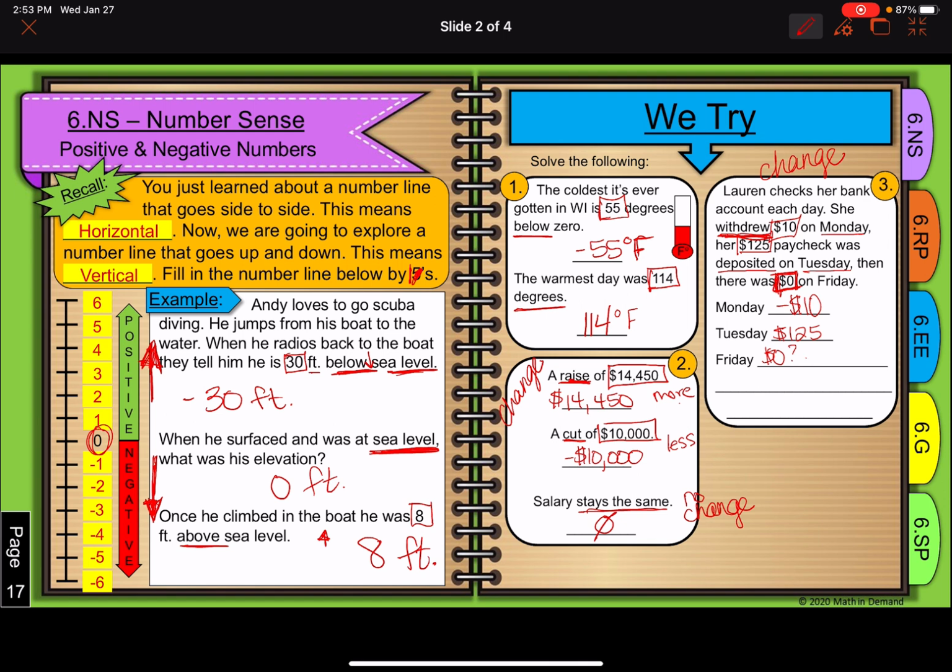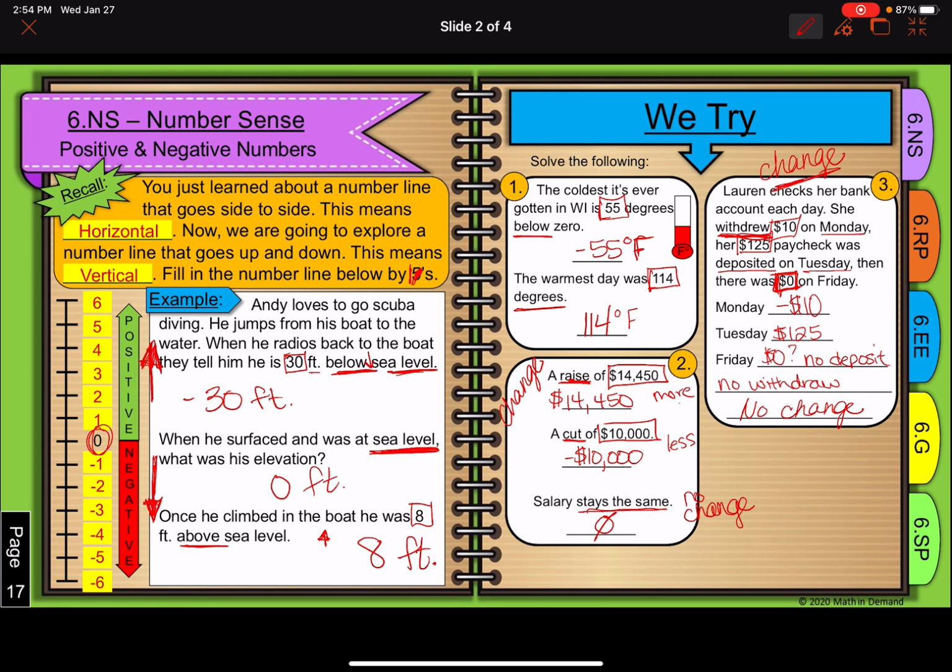Well, in this case, it means no money was deposited, so there was no deposit. And it also means that there was no withdrawal. So if there was no deposit and no withdrawal, 0 in this case means that there was no change in her bank account on Friday. It means something very different. So a lot of times students say, oh, that means she has $0. No, you have to look at it because it's talking about the change. So a 0 means nothing happened.